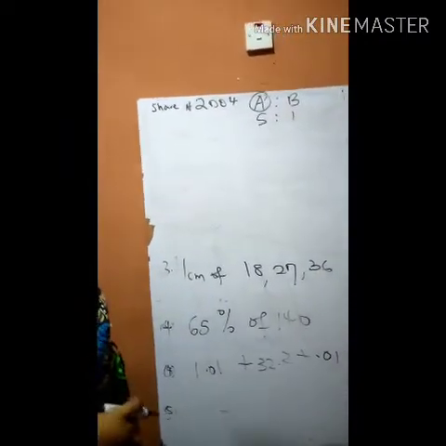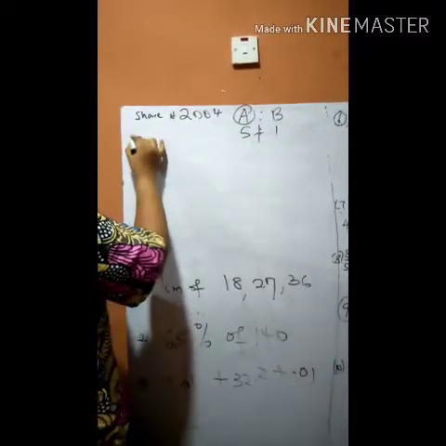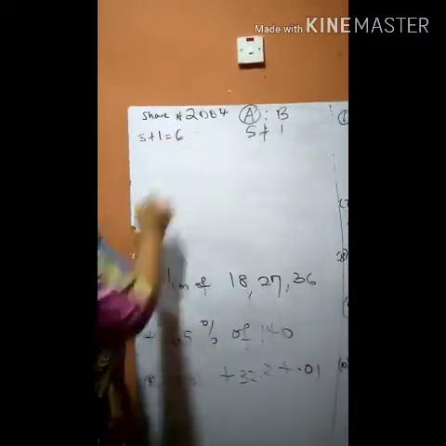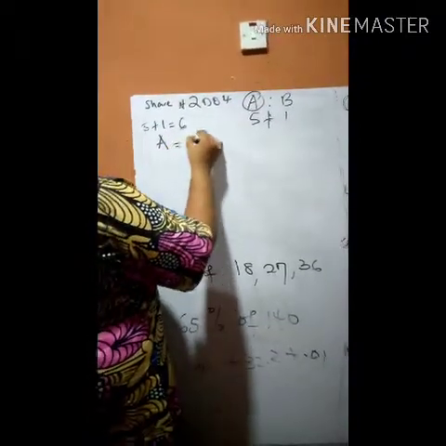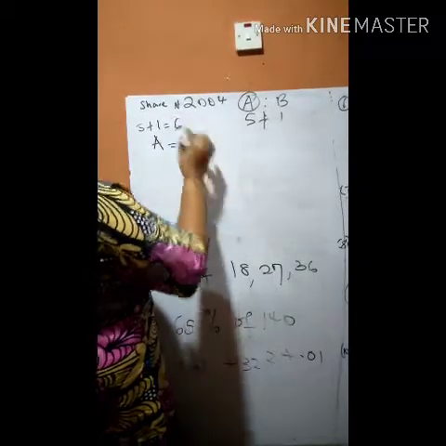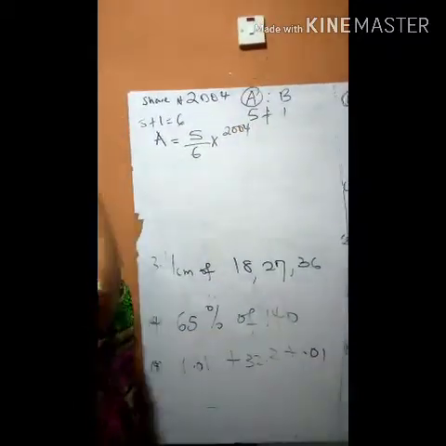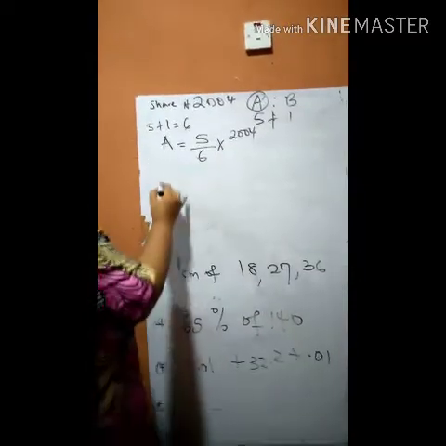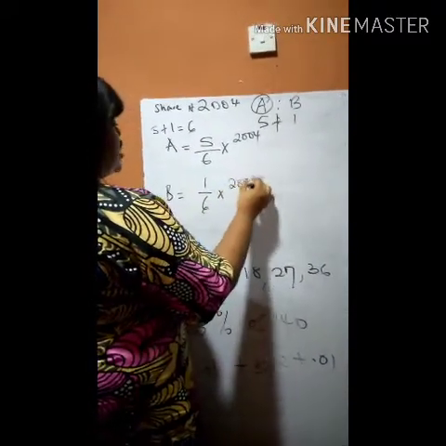When you are solving for ratio, the first thing to do is to add the proportions together. That will be 5 plus 1, which is equal to 6. What A will be getting is 5/6 times 2004, and what B will be getting is 1/6 times 2004.